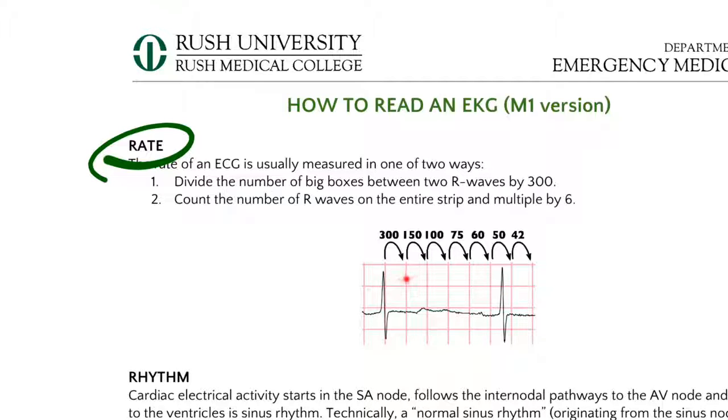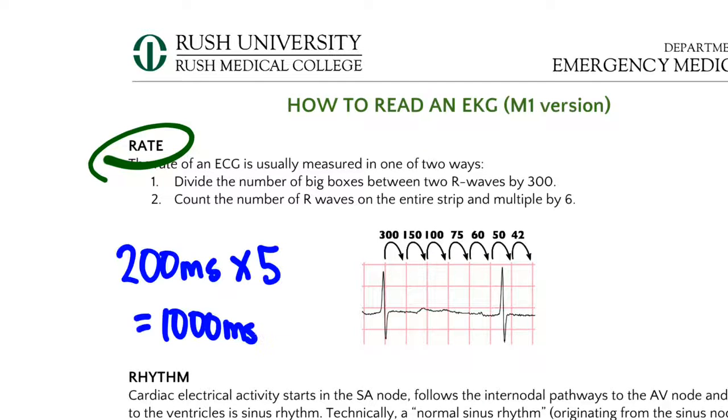So we've got 1 big box, 2, 3, 4, 5, and then maybe 3 small boxes. So 200 times 5 equals 1,000 milliseconds, and then 3 more of those 40 millisecond boxes, so about 1,120 milliseconds, a little over a second. But this is too much math. Let's not do it this way. Let's just do it the much easier way.